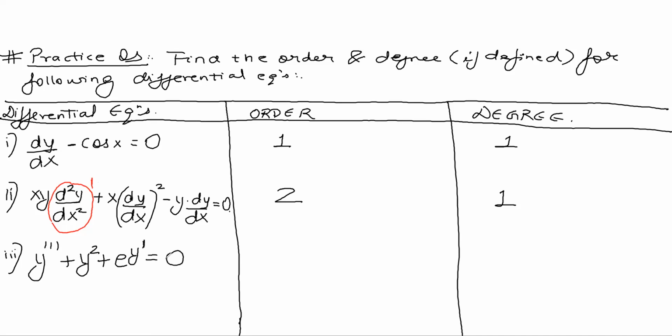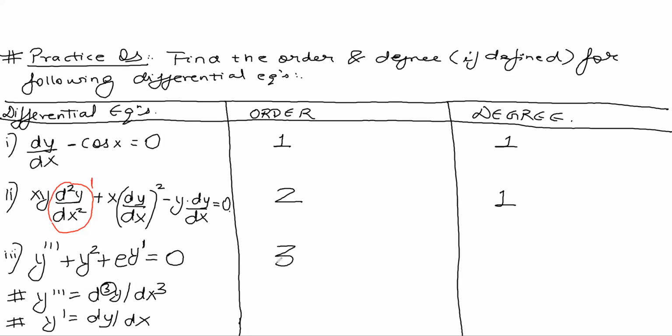Now guys, y triple dash is nothing but d cube y by dx cube and y dash is nothing but dy by dx. So can we find the order? What is the highest order derivative? Y triple dash. What is the order? 3. So what is the order of the differential equation? 3. Can we find the degree?